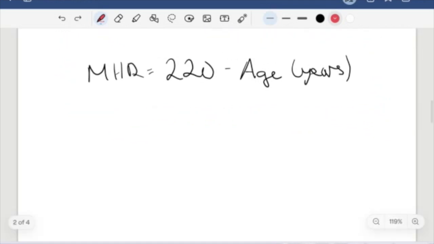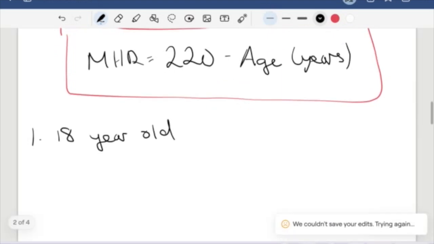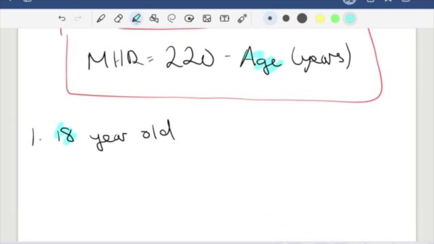Now, for this first example, we are going to just find or estimate the maximum heart rate of an 18-year-old. So we know the person's age. The person is 18 years old. And we are just going to substitute that into this part of our formula.